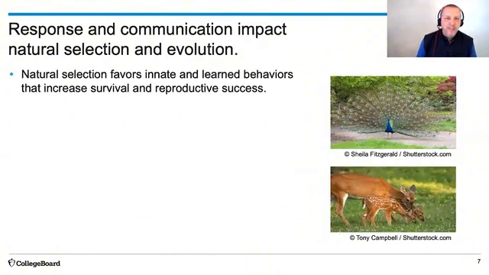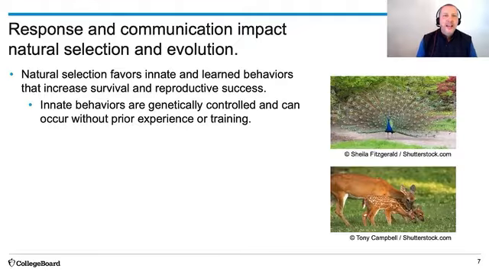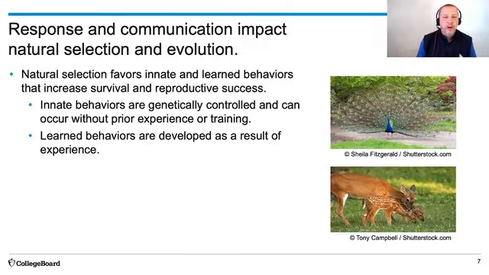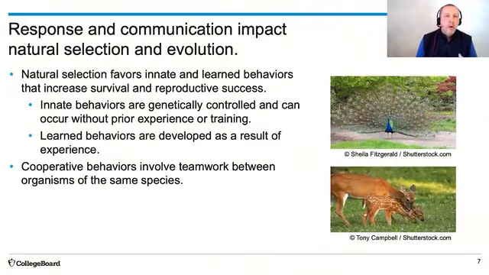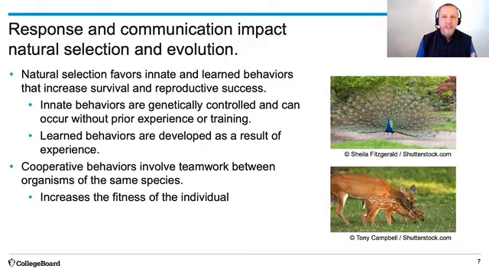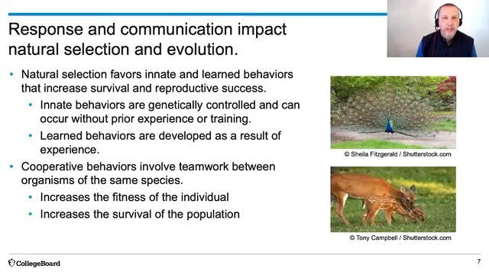Natural selection favors innate and learned behaviors that increase survival and reproductive success. Innate behaviors are genetically controlled and can occur without prior experience or training. Learned behaviors are developed as a result of experience. Cooperative behaviors involve teamwork between organisms of the same species. This increases the fitness of the individual and increases the survival of the population.